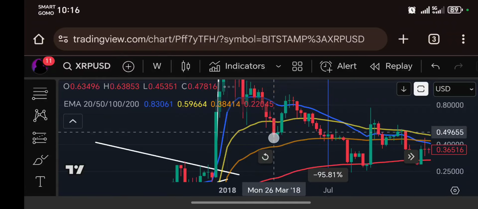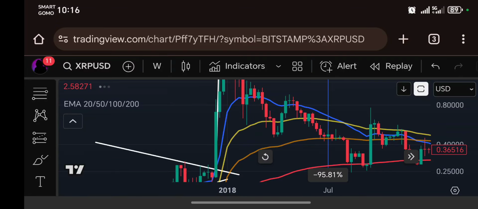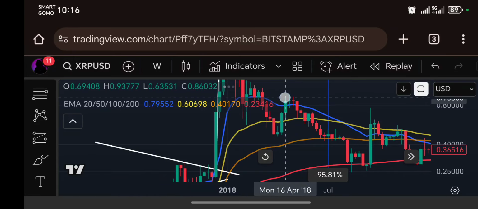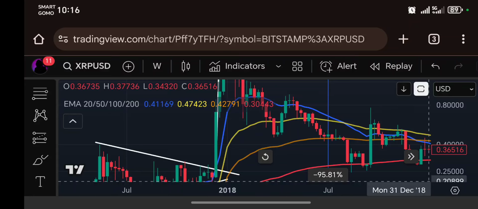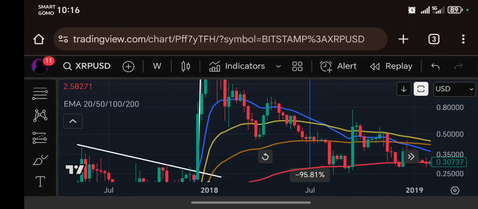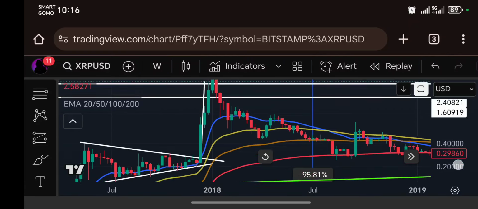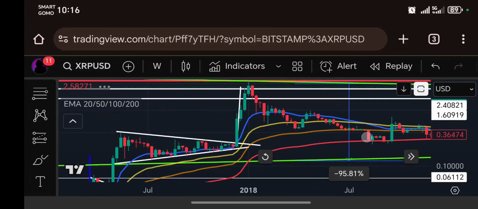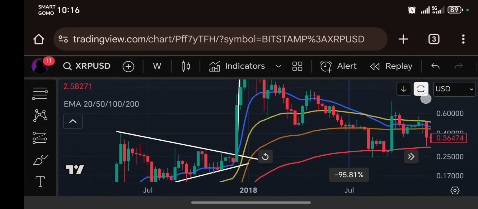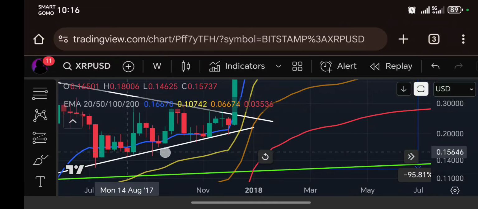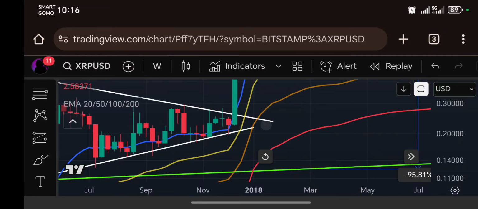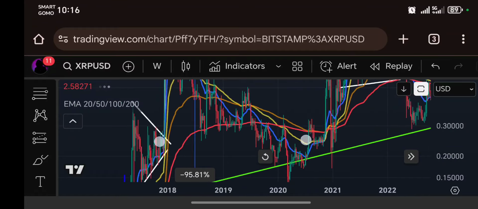We closed below this 50 EMA here, and the retest on your 20 but rejected, so the continuation to the downside for bear market. So I hope that's not the case here. I hope it stays above that 50 EMA, just like we did in the past bull market here.